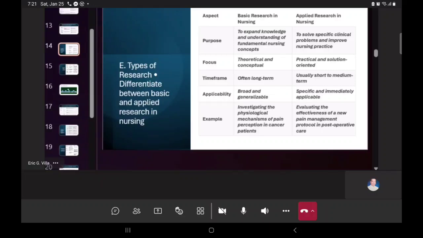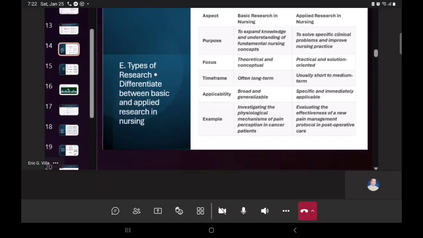In terms of applicability, basic research findings are often broad and generalized, contributing to the overall body of nursing knowledge. Applied research results, however, are usually specific to particular clinical situations or populations, offering targeted solutions to defined problems.